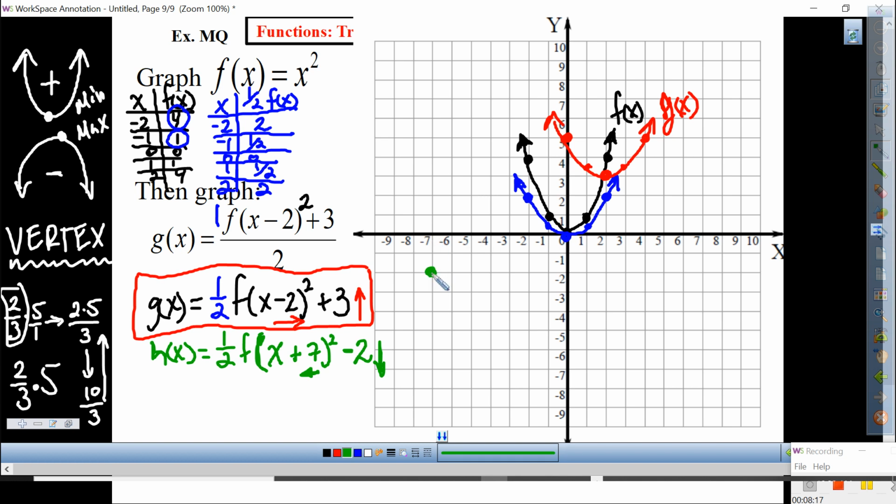There it is. We have 2 points, 1 on each side, 1 step away, and then 1 half step up. And then the other 2 are 2 steps away, and then 2 steps up. And we label this h of x.